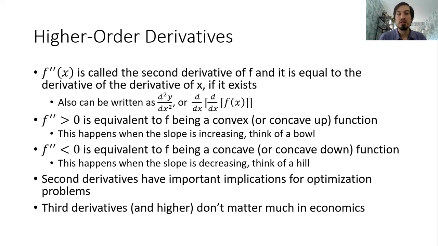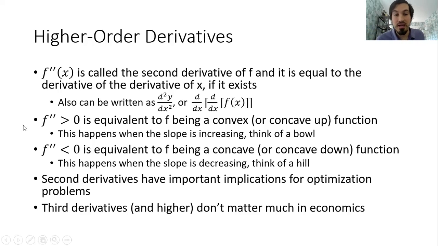By the way, a function could be convex at a point, meaning the f double prime is positive just at that point, or it could be f double prime is positive everywhere. And if that's true, we call it a convex function everywhere. So it can be convex at a point, or the entire function can be convex. And those mean two different things. They're similar, but not exactly the same.